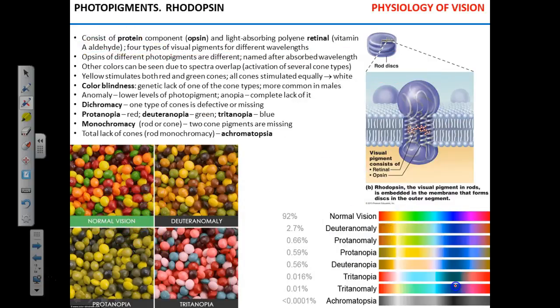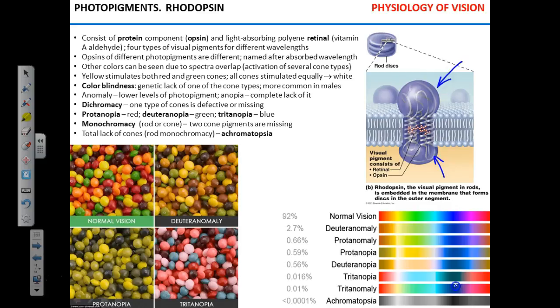So, let's talk about photopigments first, and then we're going to talk about color blindness. Photopigments consist of two components. The protein component, which is called opsin. You can see on this picture, the protein component is represented in the form of this gray ribbon.